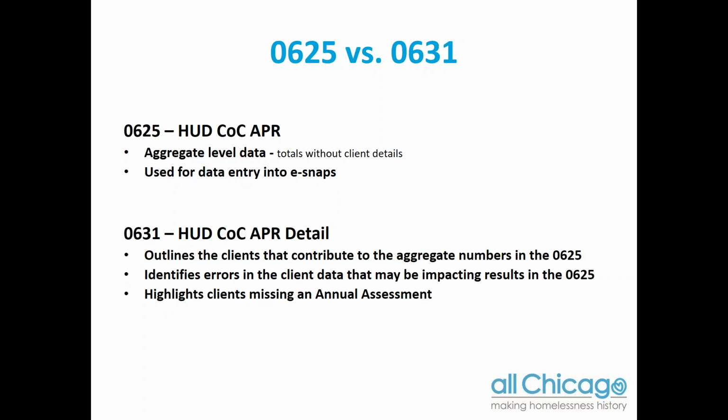So these are very good reasons to also start this work early when you are preparing for an APR, because based on what you see in your 631, there's going to be a couple of things that might need to happen. One of them is that you'll need to work with your own users to correct data if you find that there's things that you can change to improve your results before you submit.